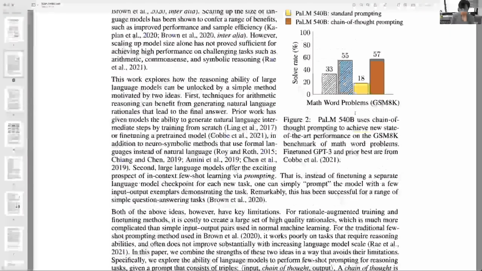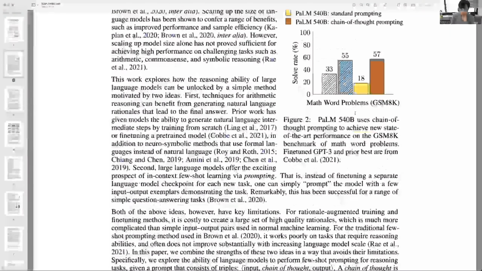A similar thing happens in the other examples too, like yes or no: would a pear sink in the water? The reason why the pear would not sink in the water is because the density of a pear is about 0.6, which is less than water. So it's an explanation that you generate first, and after that the model generates the answer.